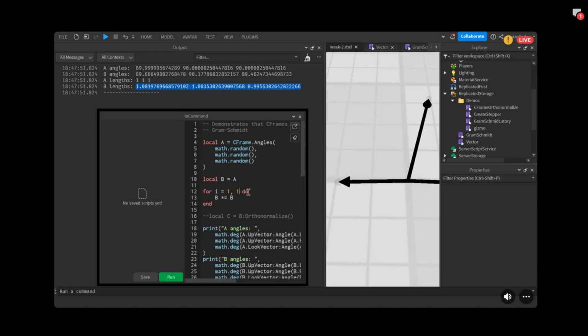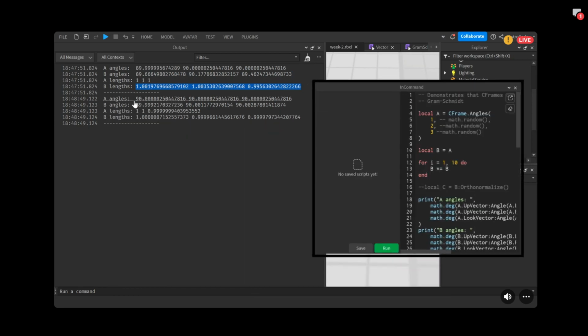So we'll do this 10 times. We're going to update B, and then keep multiplying it by itself over and over and over. I'll use fixed numbers instead of random. Okay, we'll run this. And what do we see?